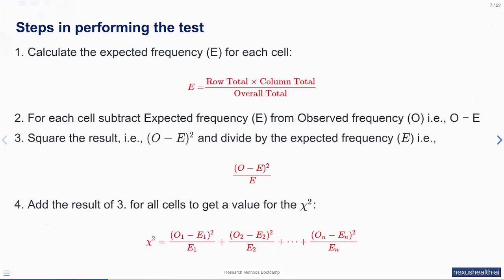And then we add up the results of the above calculations for all the cells in order to get a value for chi-square. Thus, the chi-square test is the sum of the observed minus the expected frequency squared divided by the expected frequency for all the cells.